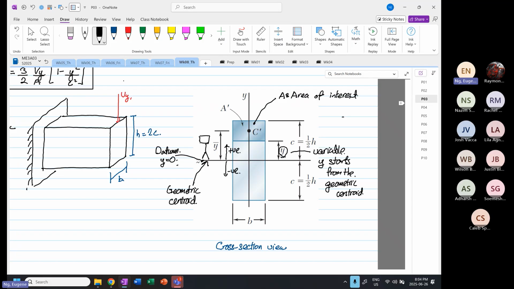Okay, now y bar over here is the centroid for the area of interest.